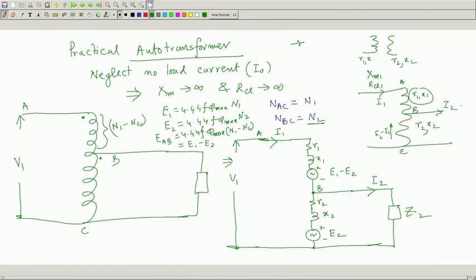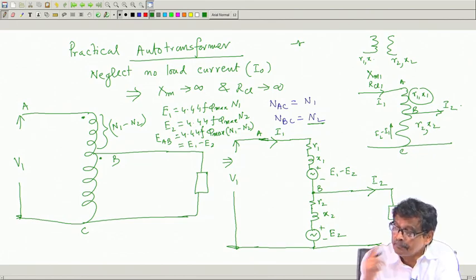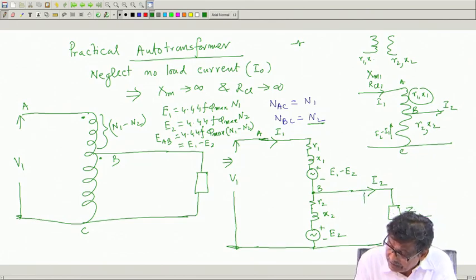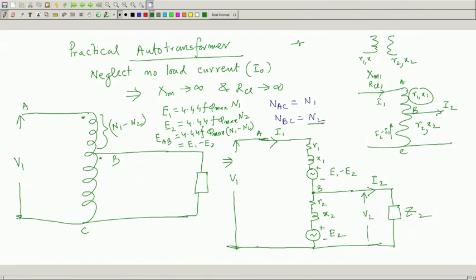But the only argument is an interesting argument. See, the portion AB and portion BC, they are two individual coils as if, and this voltage I will call V 2, terminal voltage, which is not same as E 2, because R 2 X 2 is there. But R 2 X 2 is not carrying the same current as the load, it is different.